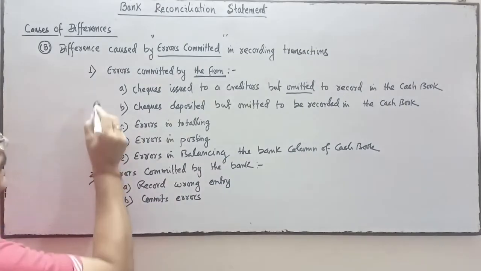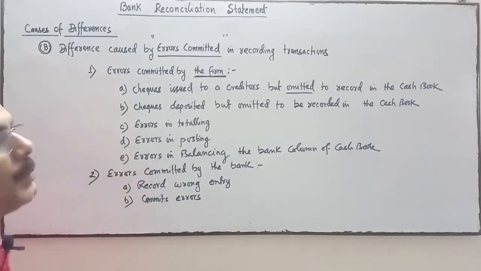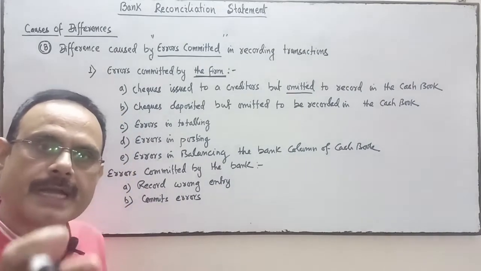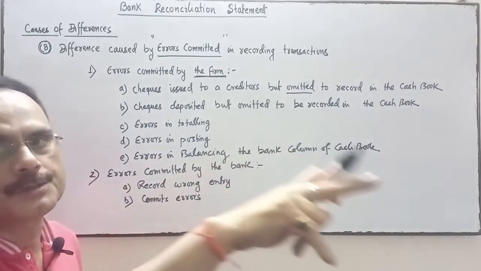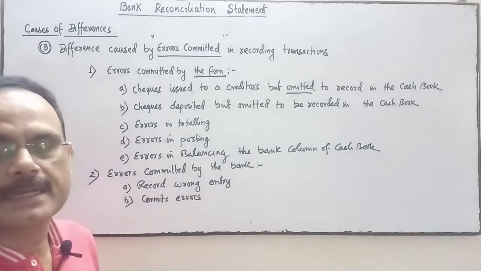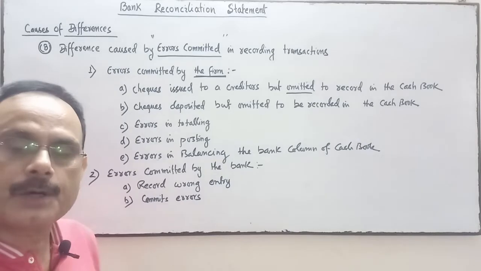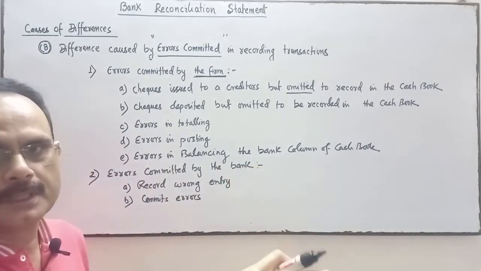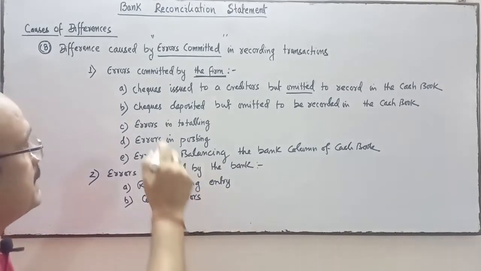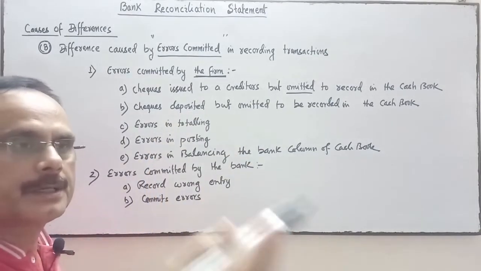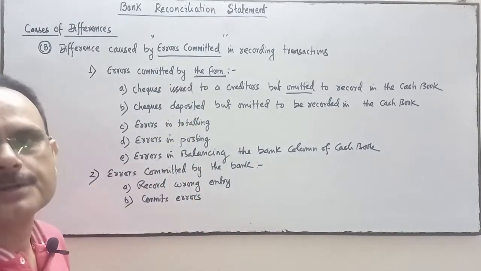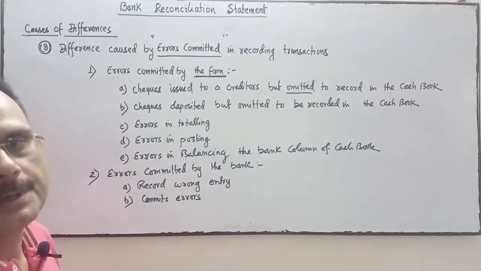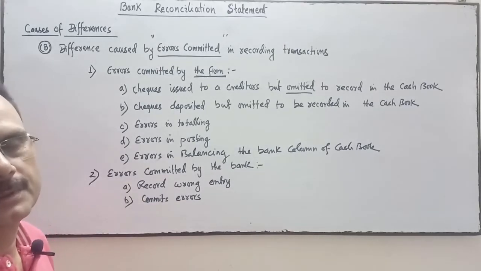So these are the 5 types of errors committed by the accountant of the firm in the cash book. These errors are committed by whom? By the accountant of the firm who is operating the cash book. So a check issued to a creditor but the entry is forgotten in the cash book, on which side?